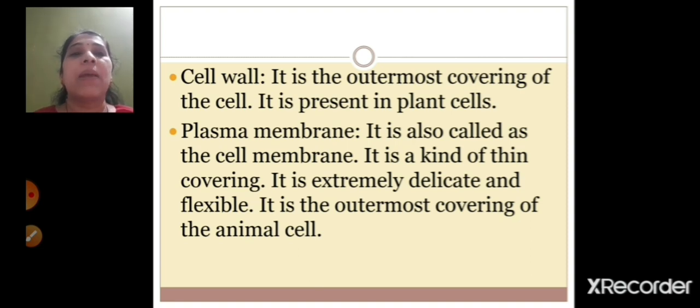This cell membrane is a kind of thin covering and it is extremely delicate and flexible, and it is the outermost covering of the animal cell. So the outermost covering of the plant cell is the cell wall and the outermost covering of the animal cell is the plasma membrane or the cell membrane.